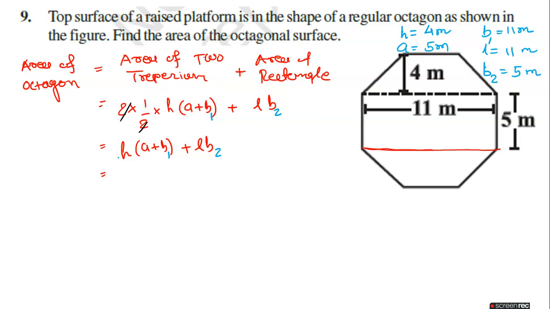Yes. Let's substitute all the values. Area is equal to 4 in bracket, a plus b, so 5 plus b1. b1 means 11, plus L into b2, so 11 into 5.